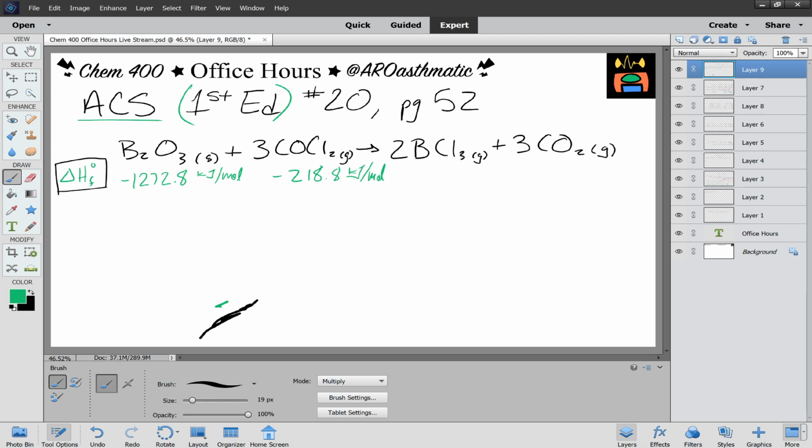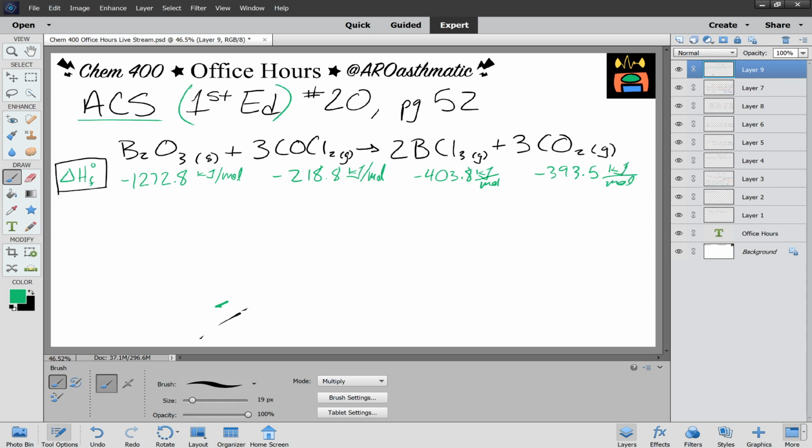For boron trichloride, it's negative 403.8 kilojoules per mole. And then for carbon dioxide, it's negative 393.5 kilojoules per mole.